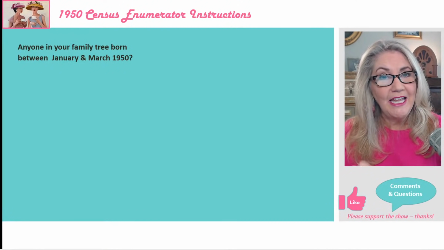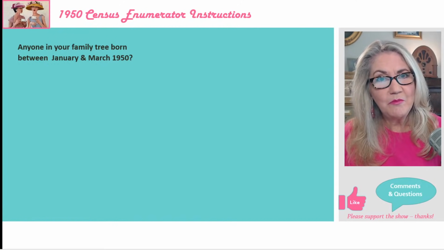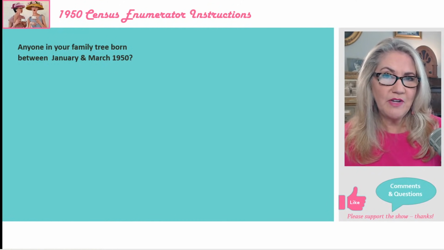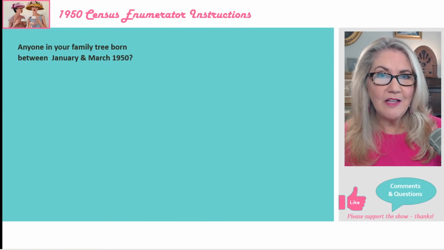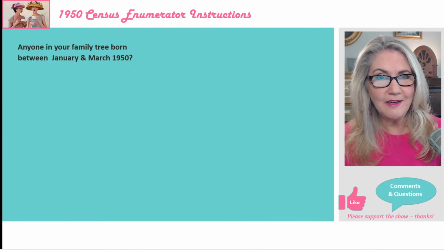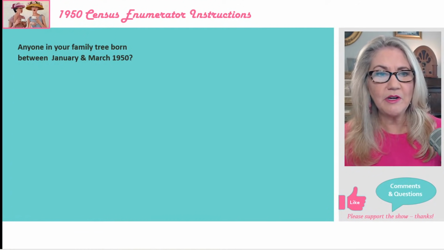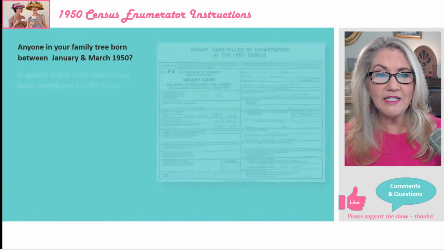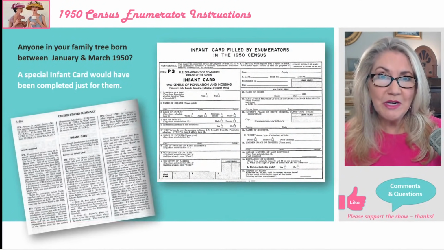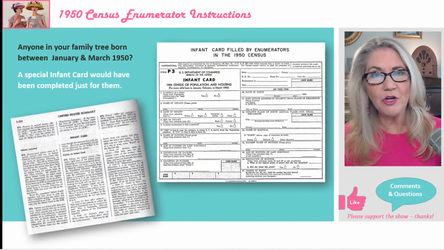Now, is anybody in your family tree born between January and March of 1950? I was looking in the live chat and I saw that Teresa was excited. She's hoping to find herself as an infant in the 1950 census. Well, if she was born January, February, or March of 1950, then there was a special card completed just for her.